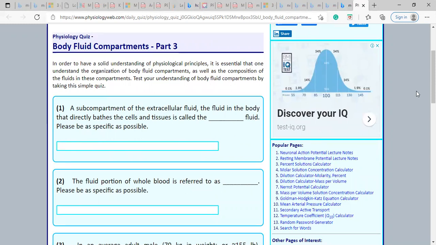A subcompartment of the extracellular fluid. The fluid in the body that directly bathes the cells and tissues is called the dash fluid.